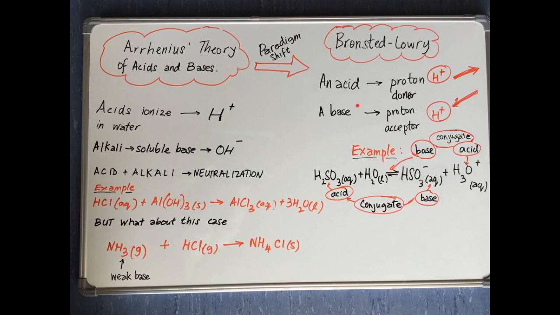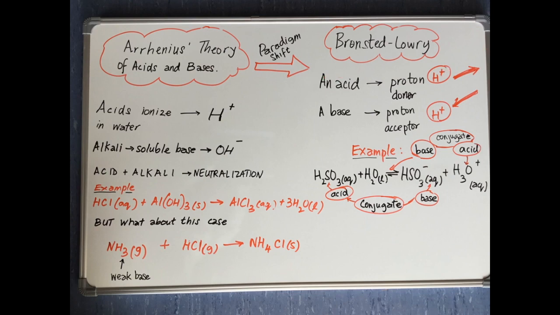And with this definition from Bronsted and Lowry, it was possible to include this example and to justify the proton accepting behavior of ammonia as being typical of a base, a proton acceptor. And here the proton donating nature of hydrochloric acid fits the definition of a Bronsted-Lowry acid, a proton donor.